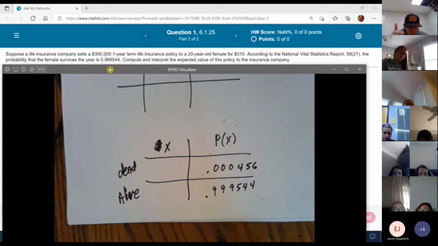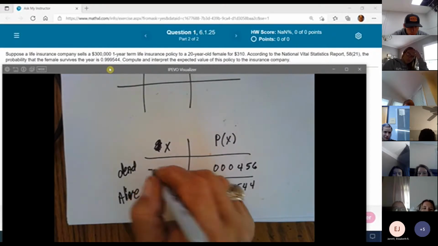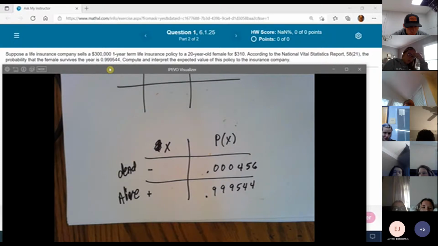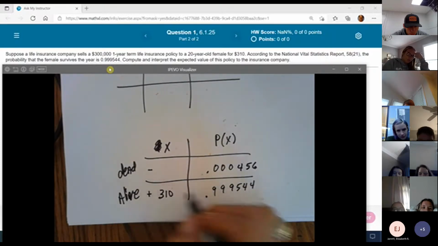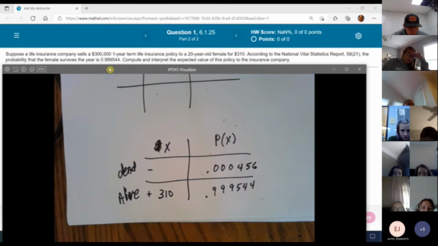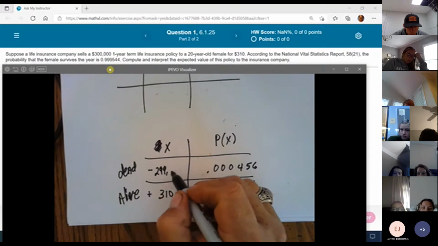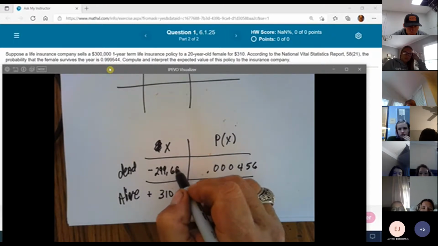Somebody check that for me and make sure I got the right complement. Subtract that from 1. If you're dead, the insurance company is going to lose money. If you're alive, they're going to gain that payment of, what's the payment? $310. And if you die, that's going to be negative $299,690.